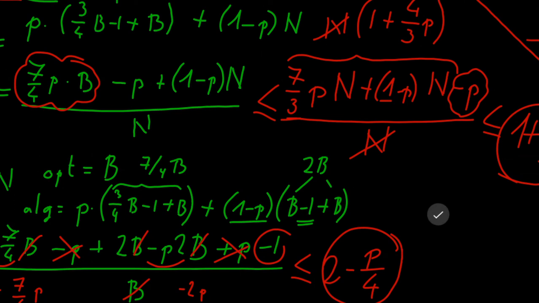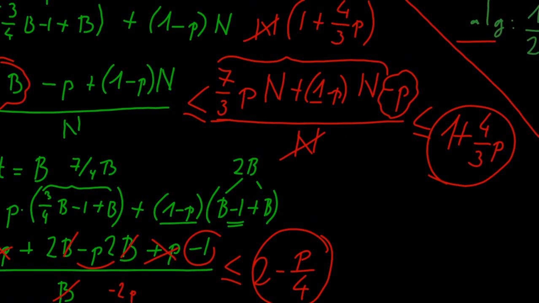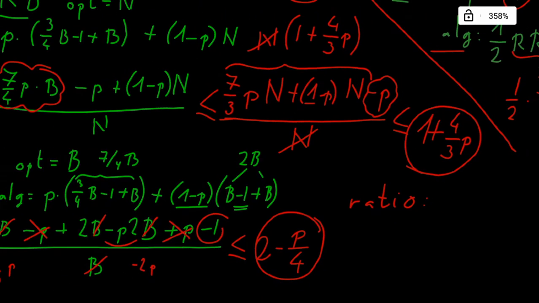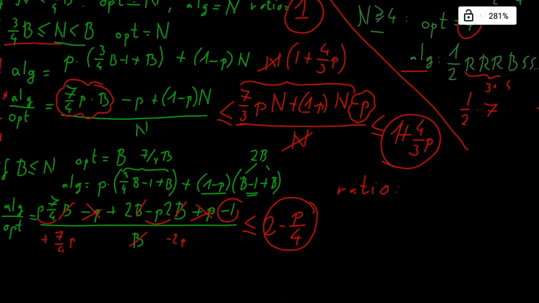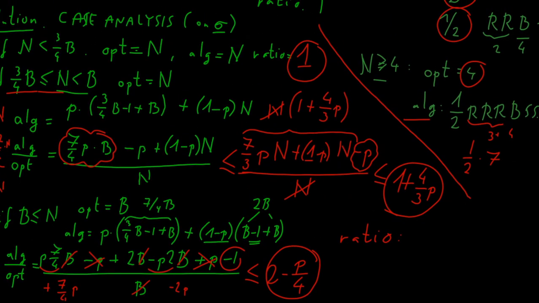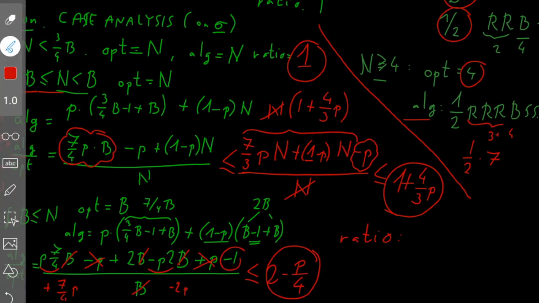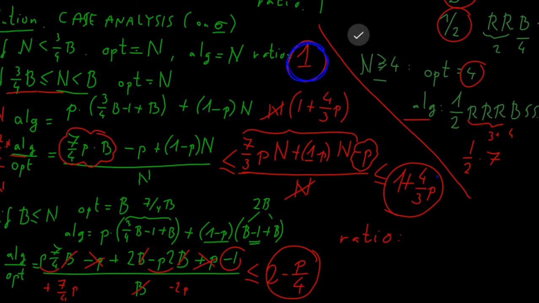So this means that the ratio of this algorithm is, again, I have to collect the ratios for all the cases and take the maximum of them. So I should collect the 1, the 1 plus 4/3 p, and the 2 minus p/4, and let's just take the max of these.